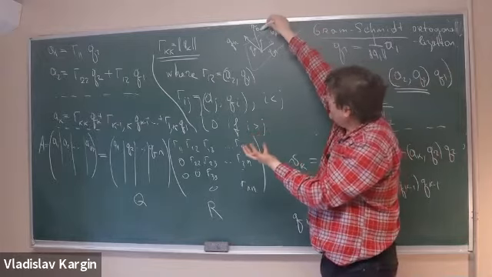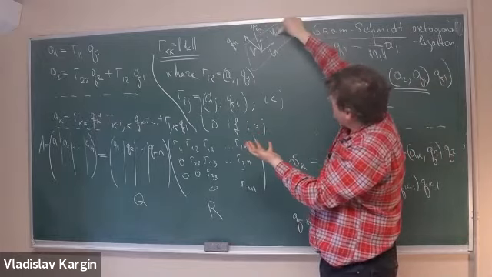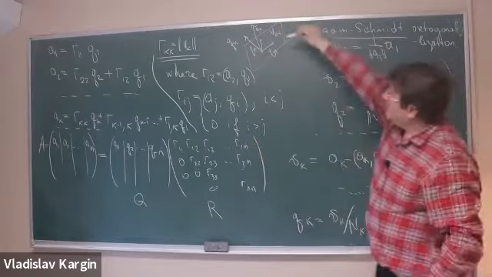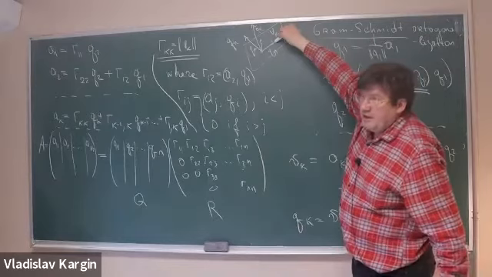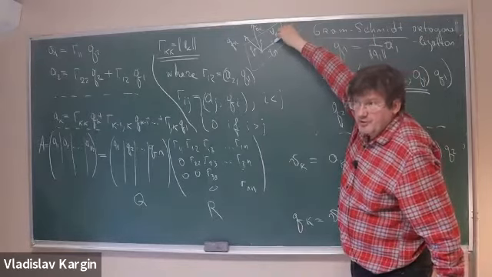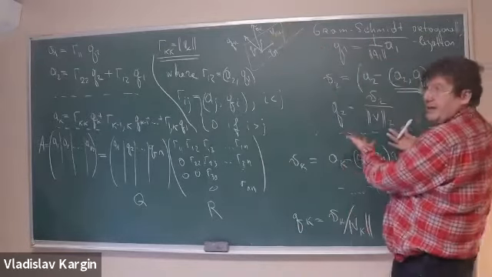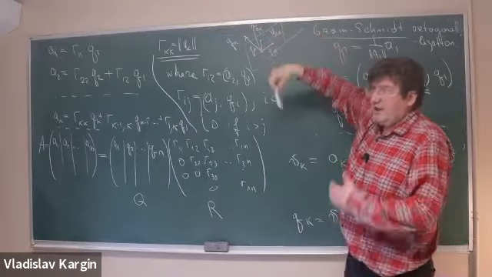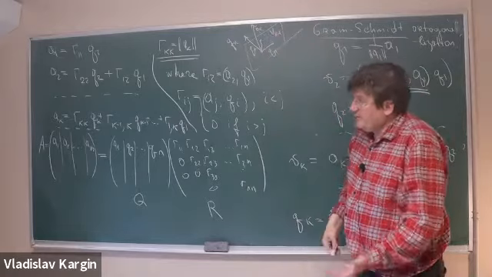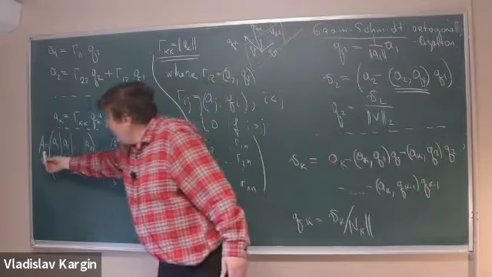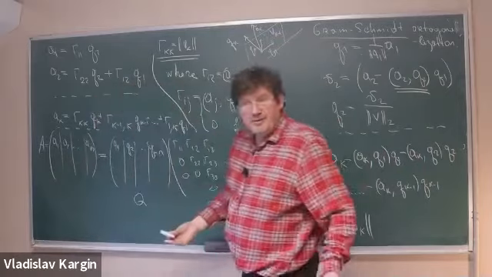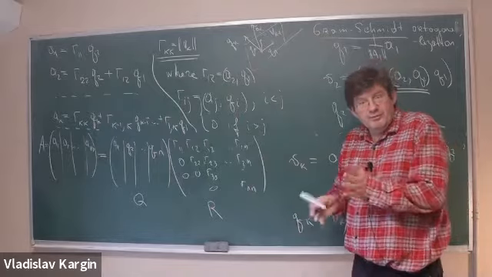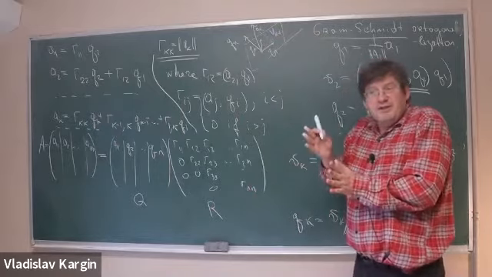So if ak is inside the span of the previous vectors, then ak minus the projection would be equal to 0, and this would break. But this would mean that ak is a linear combination of the previous vectors. This would mean that the matrix A is not full rank, or that the flag is not increasing at some step.